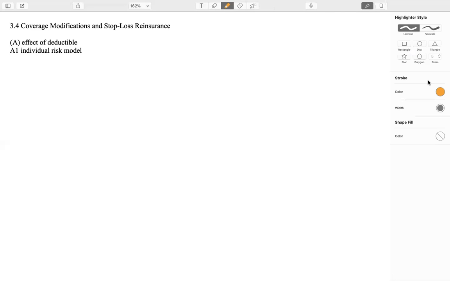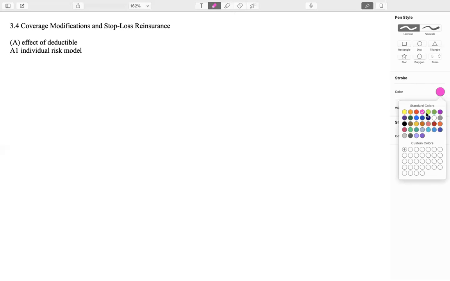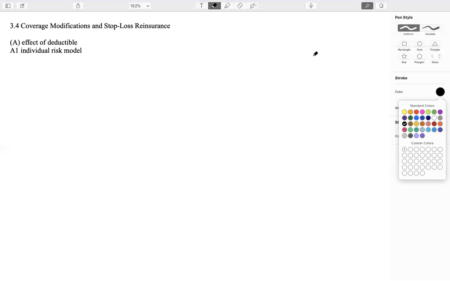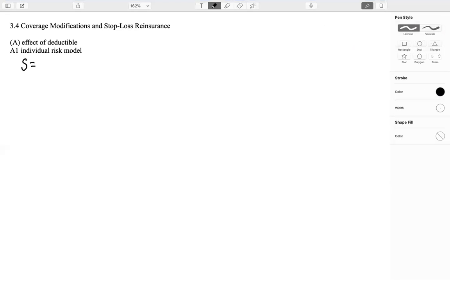Let me get my usual color. Let's use black. Here we can easily calculate. So not calculate. Let's write it down. What the collective model is.